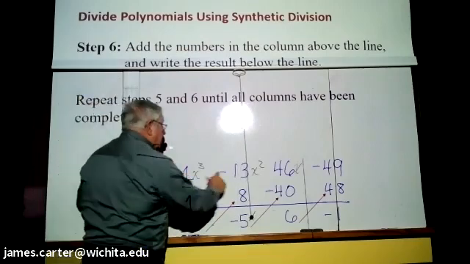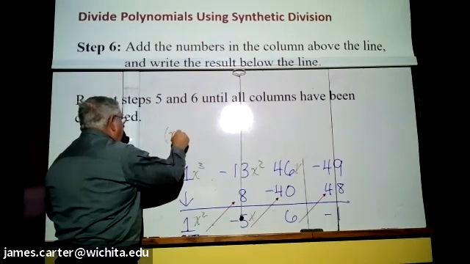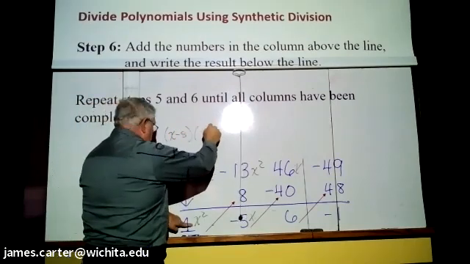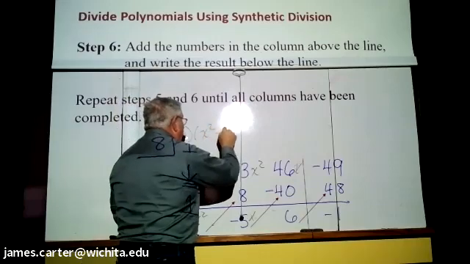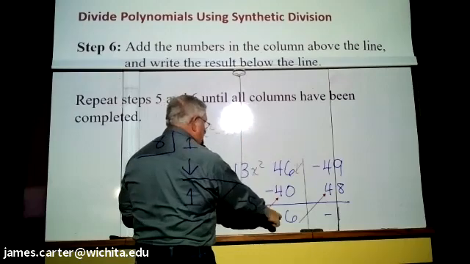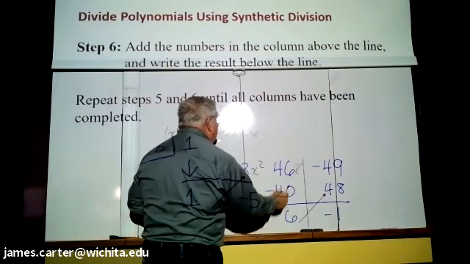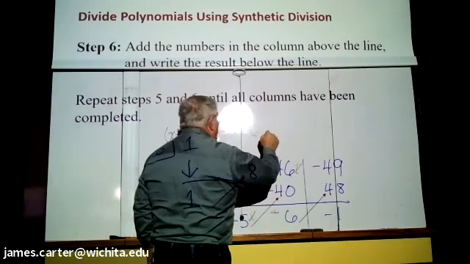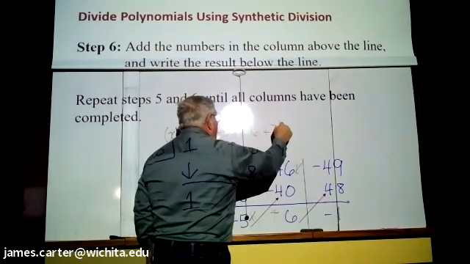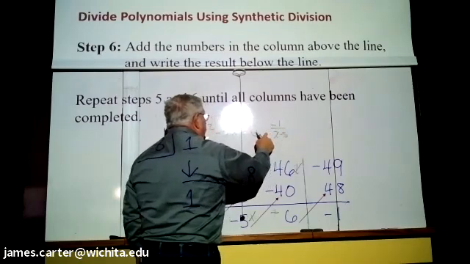So we have changed this original equation, we factored it into x minus 8 times x squared minus 5x plus 6, and then with a remainder of 1 over x minus 8.